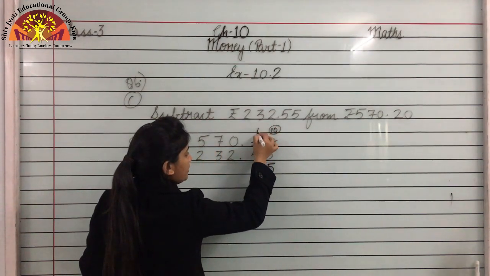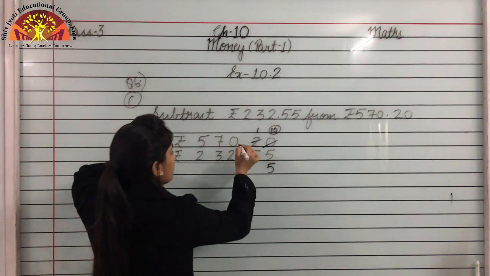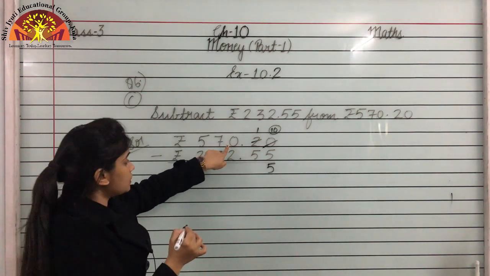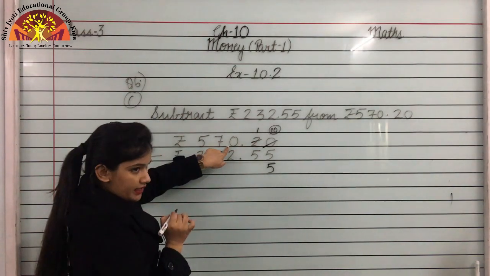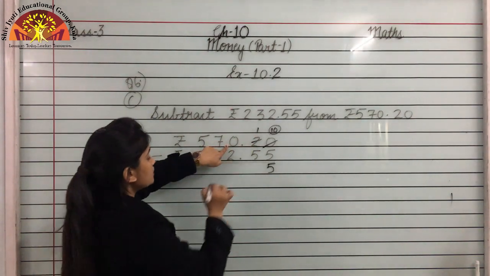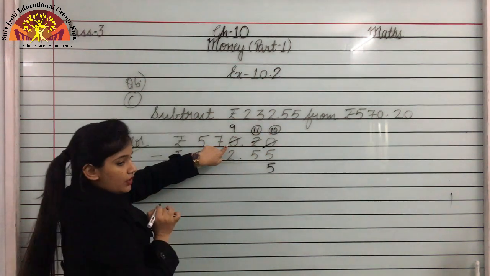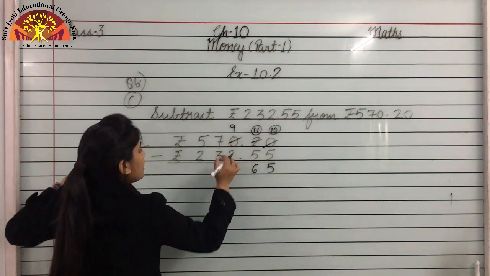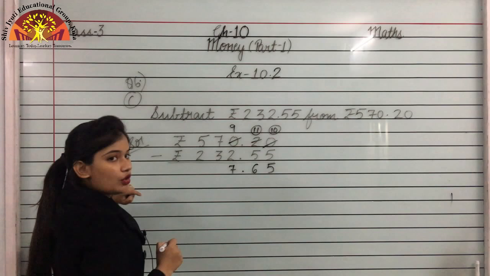Now students, it will be 1. Again not possible for us to subtract 5 from 1. So again we have to borrow 1. Now this is 0 already, we cannot borrow 1 from it, so we have to borrow 1 from 7. Now this will be 10 and it gave its 1 to this one, so this will be 9 and it will be 11. Okay, 11 minus 5 is 6. 9 minus 2 is 7, or you can see dot is coming, so we have to put a dot here also.